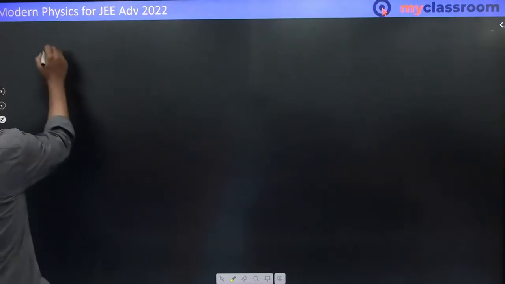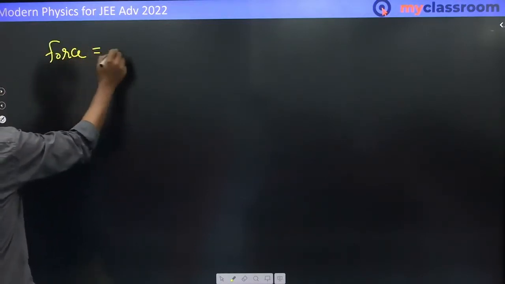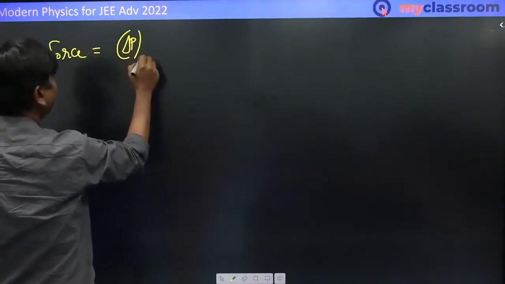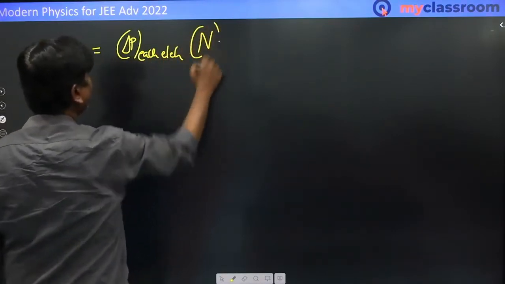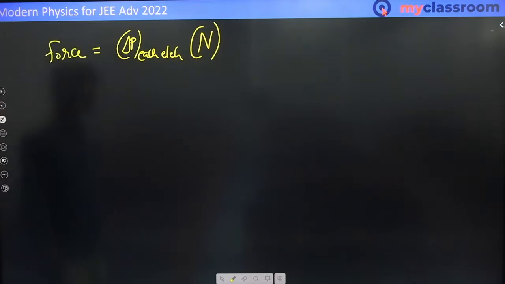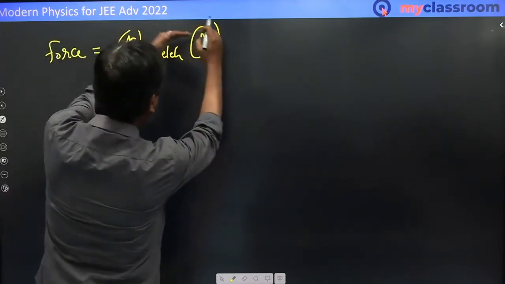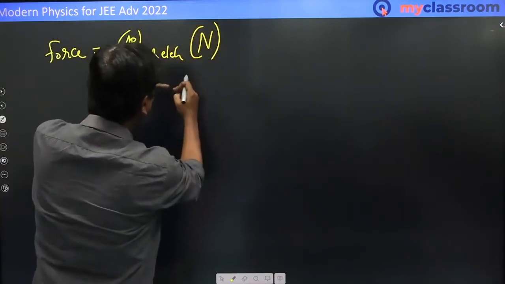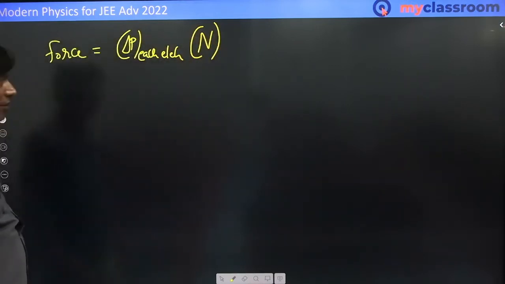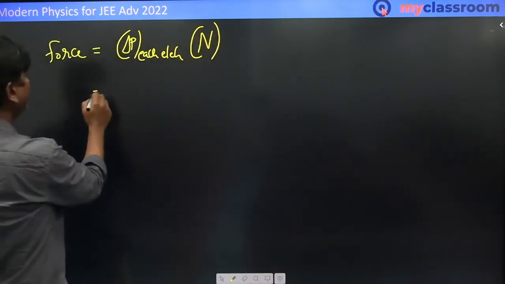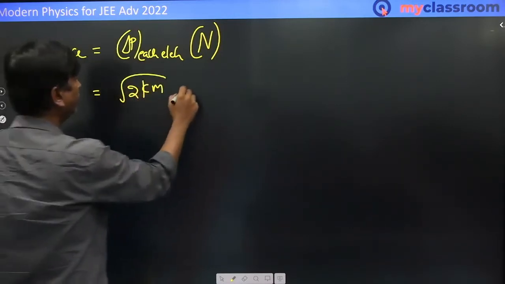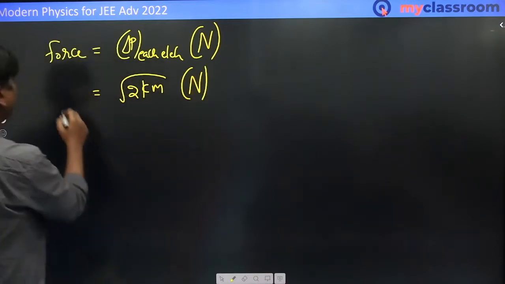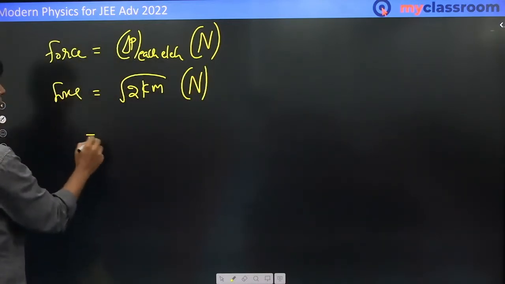I want to calculate the force: change in momentum of each electron times the number of electrons striking per unit time. So the total change in momentum of all electrons per unit time gives you force. That's it. Root of 2Km into n is your force. The rest is only calculations.